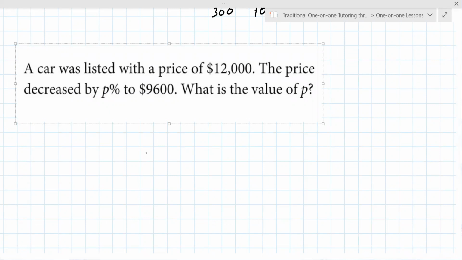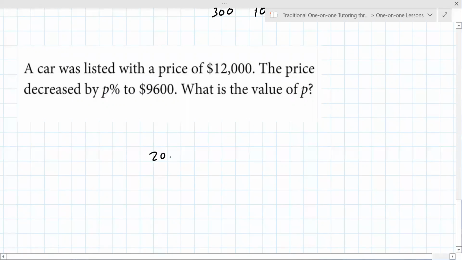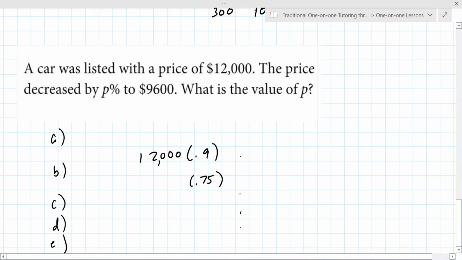If you sit there and you take 12,000 and start multiplying it by, all right, let's try 0.9, let's try 0.75, you're just sitting there guessing. Now, if you've got the answers A, B, C, D, E, maybe you do that, but you really ought to be careful. I think you're getting the point that I'm trying to get you to see for that.